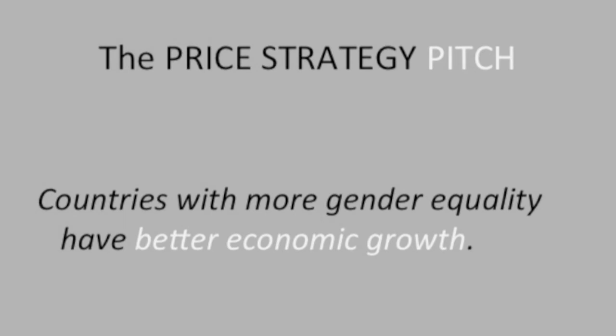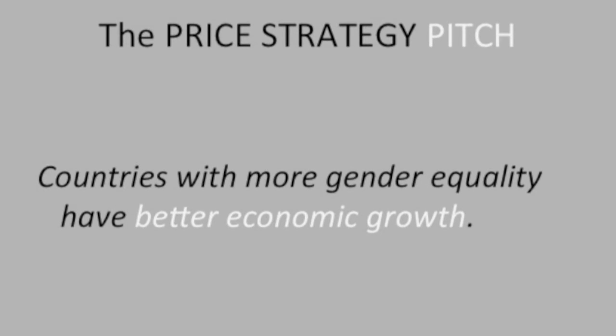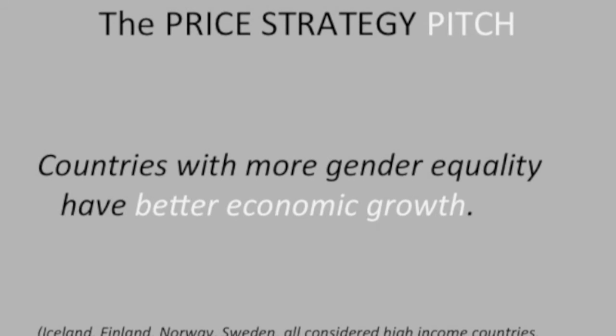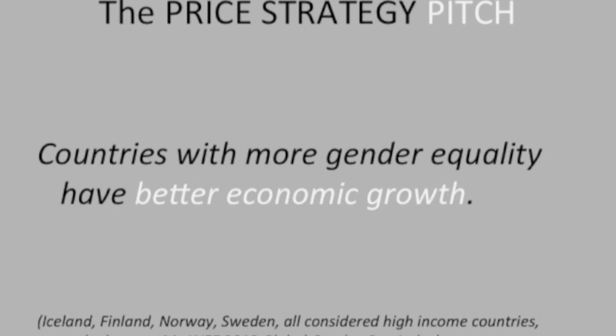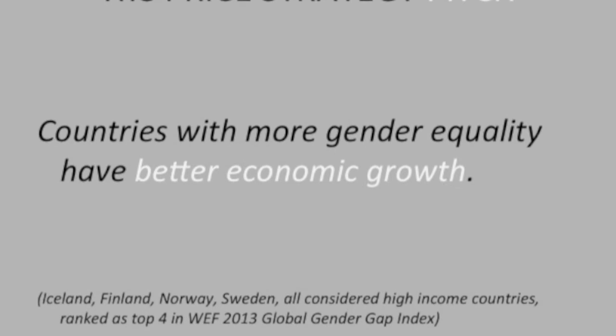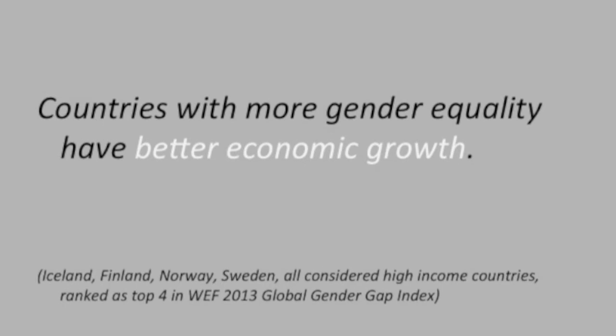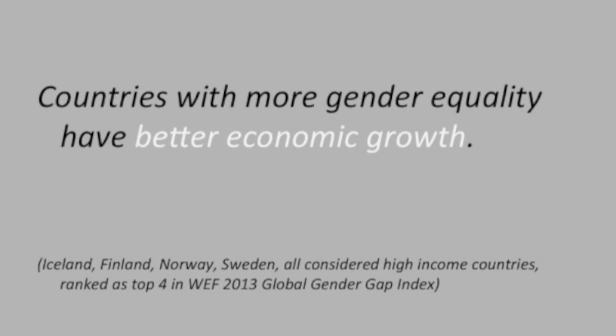So if we're talking upstream to policymakers, the price pitch might be something like this. Countries with more gender equality have better economic growth, and that's a fact. If you look at the Global Gender Gap Report, the 4 top countries are all high-income countries: Iceland, Finland, Norway, and Sweden. So now let's look at place strategies.